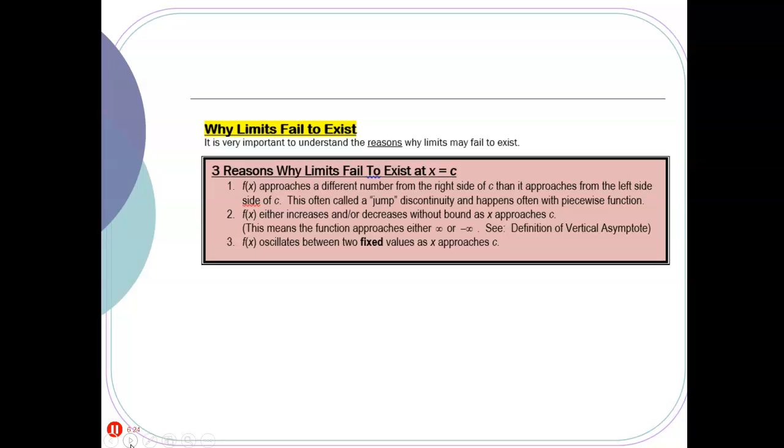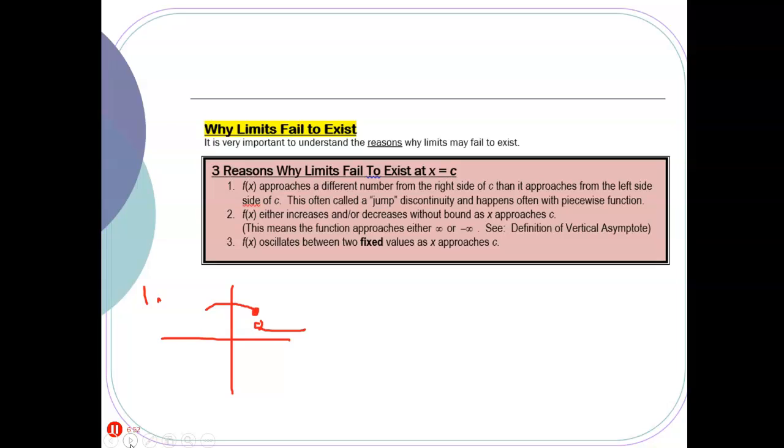The first of which is a jump discontinuity that looks like a piecewise. Number 1, if you were graphing it, might look like this. That would be a jump discontinuity that would cause a limit to fail to exist.